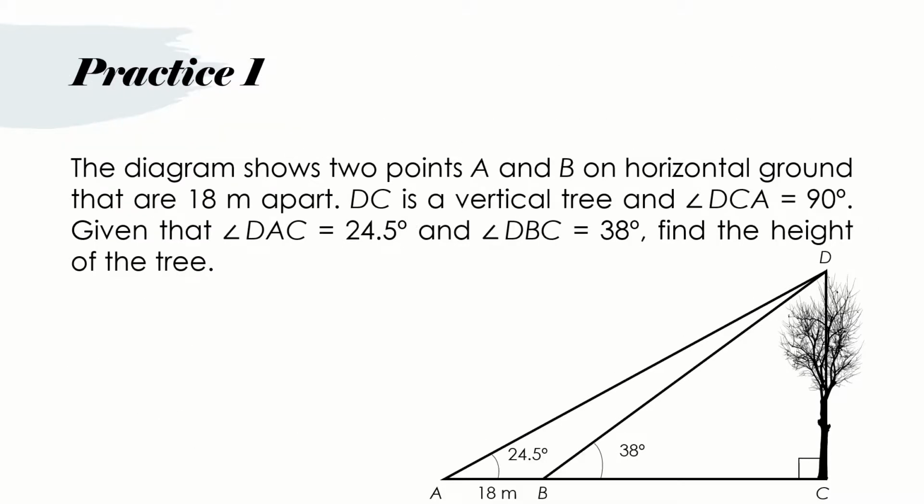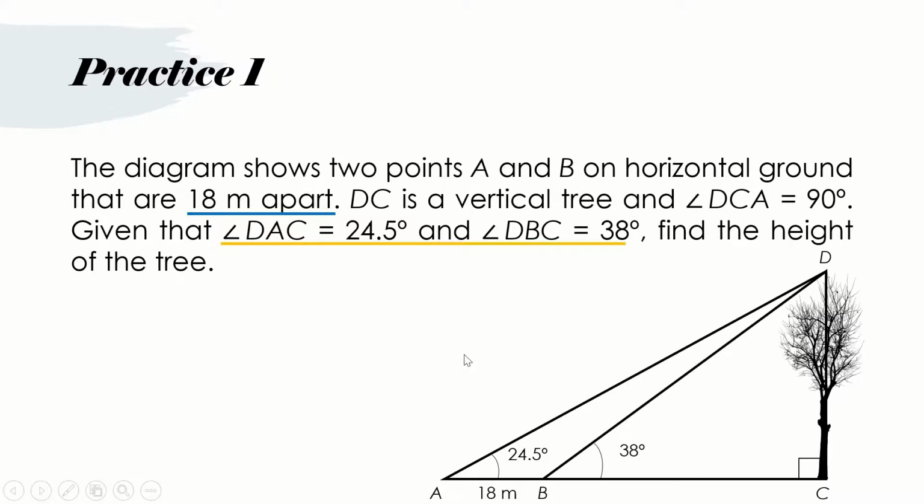Okay, practice. This diagram shows 2 points A, B on the horizontal ground that are 18 meters apart. DC is the vertical tree and DCA is 90 degrees. Given that DAC is 24.5 degrees and DBC is 38 degrees, find the height of the tree.